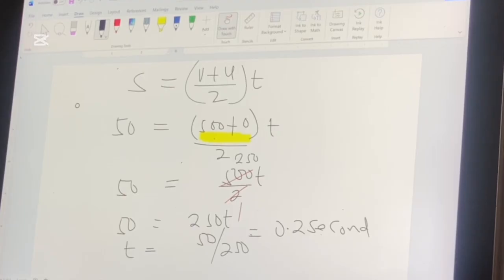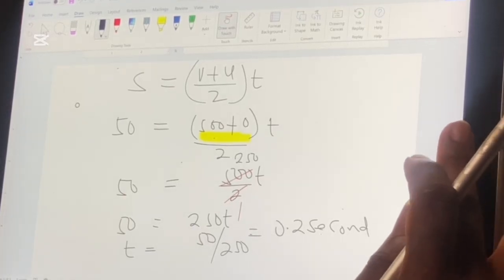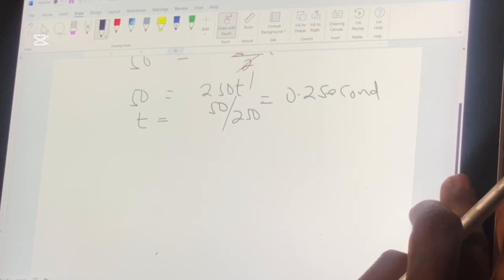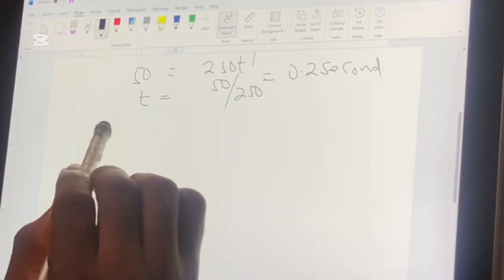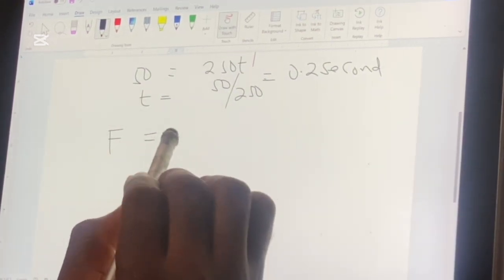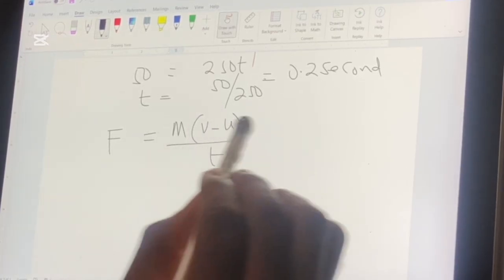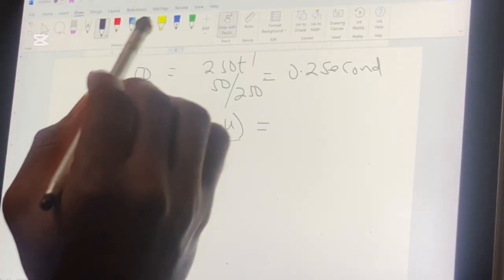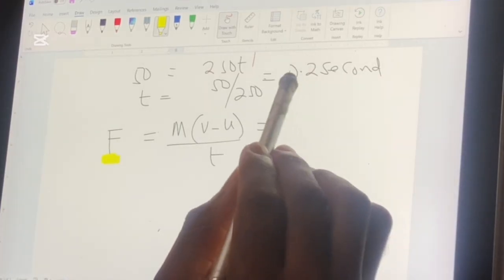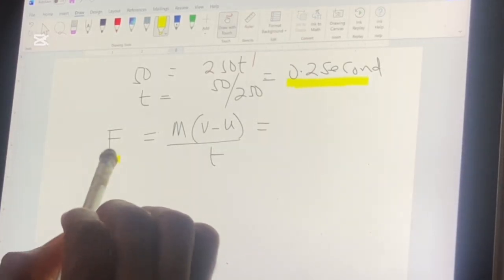Now class, we have calculated for t, so we can easily find the force. So remember the formula for force here is F is equal to m times v minus u over t. Since we are asked to find force, remember we are not asked to find time in that question, we are asked to find force.